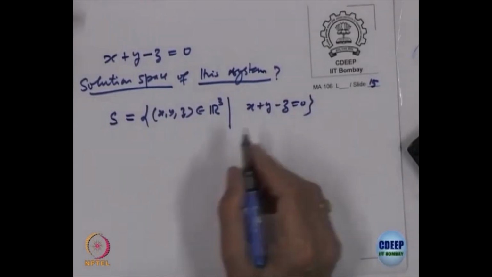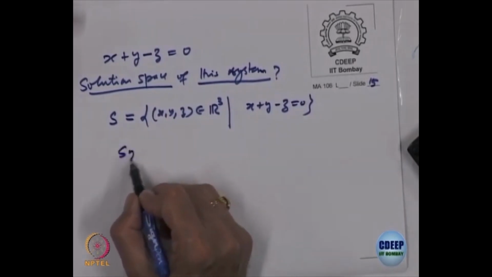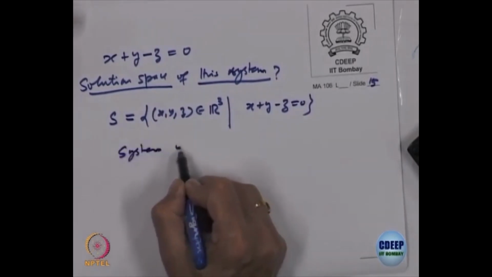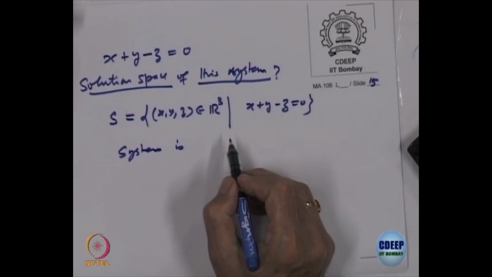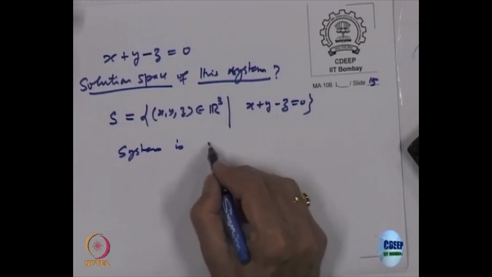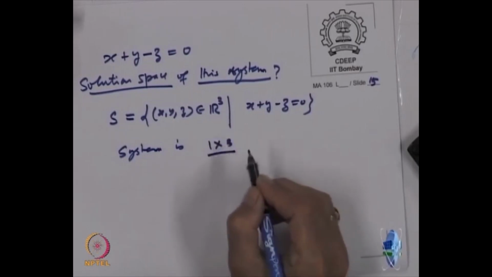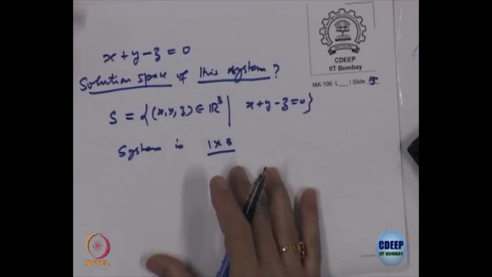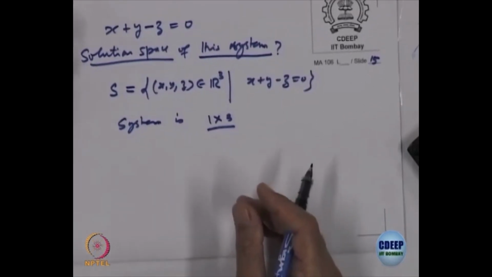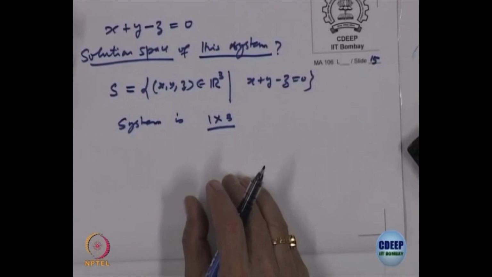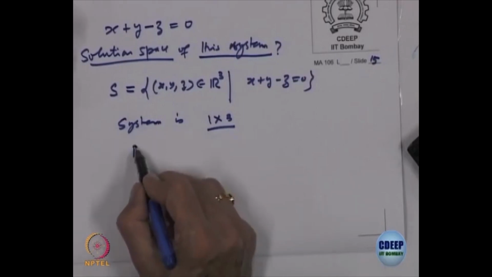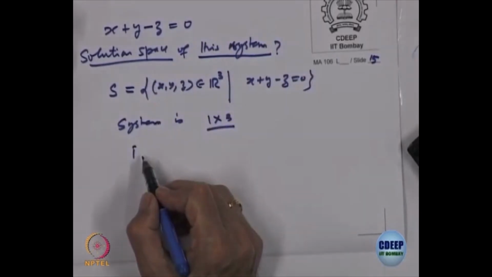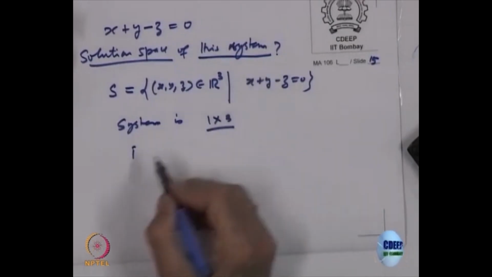So, what is the order of the system? 3 variables, 1 equation, so 1 cross 3. To find all solutions, this is a homogeneous system.